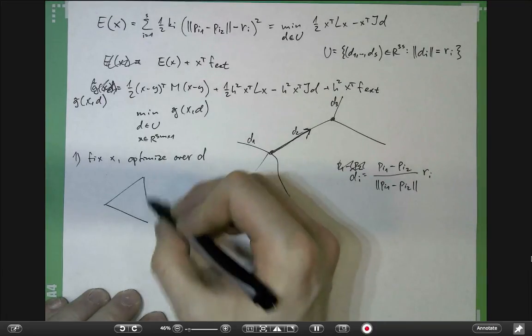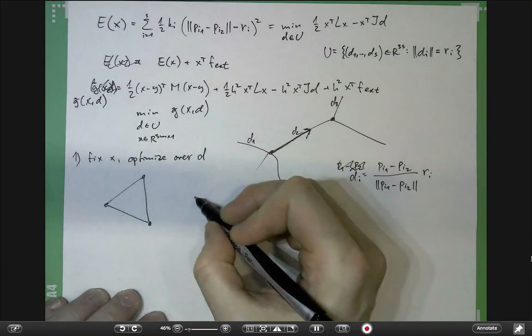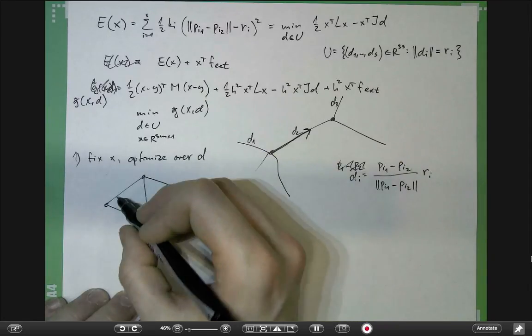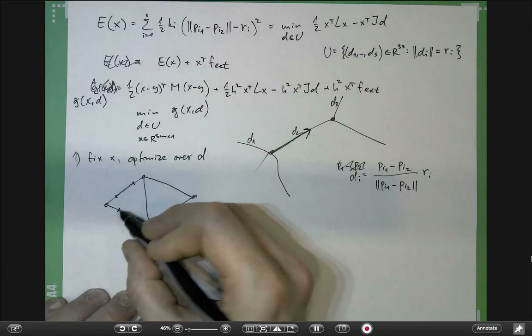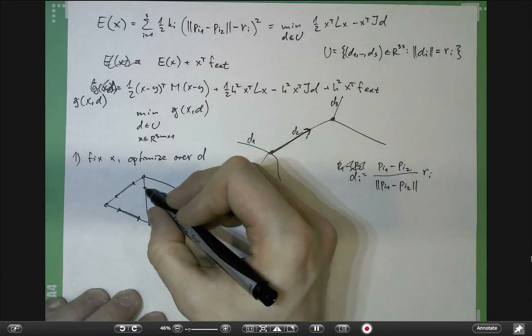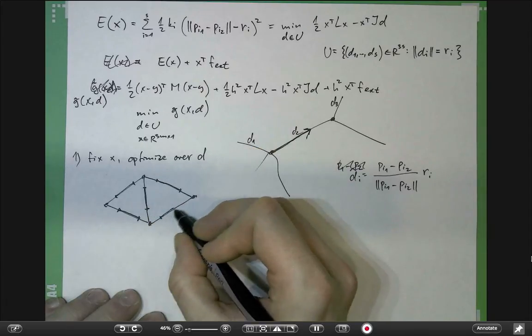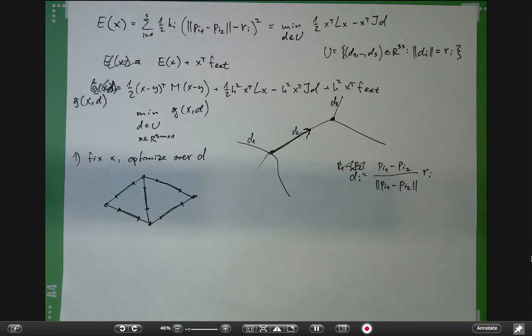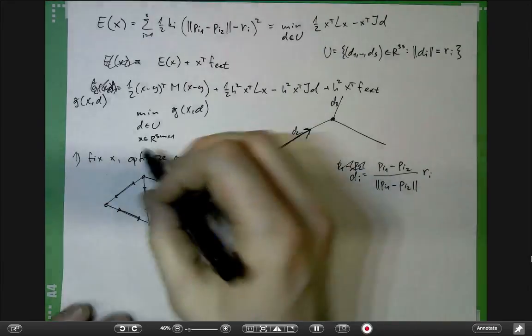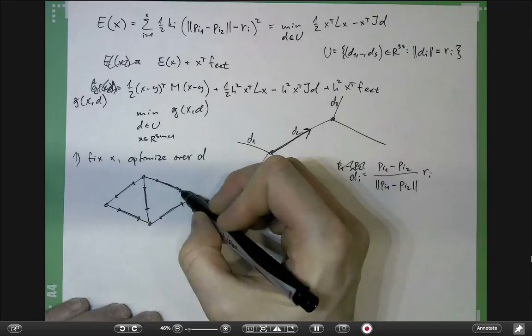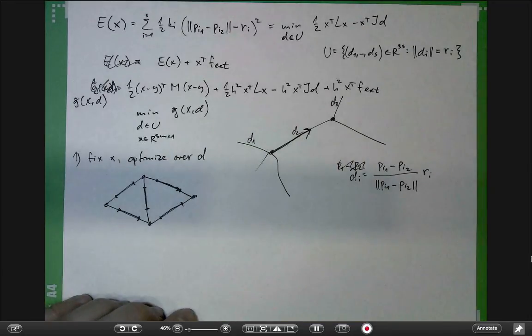If I have something like this, and all the springs were overstretched, then this is essentially saying that every spring goes back to its rest length, right? And I don't care here that the springs are connected, because every spring here is by itself. So every spring I project back to its rest length. I don't change the direction, I only change the length. And this way I get the new d's. Those are the vectors of the rest length springs in the right direction.